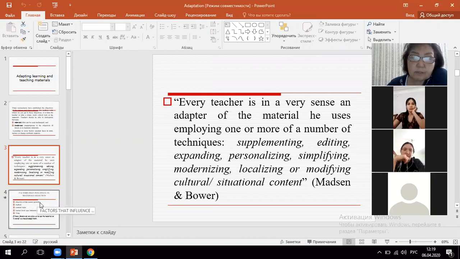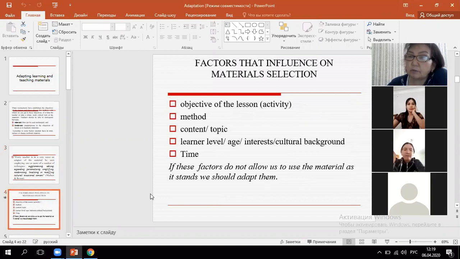So which factors usually influence material selection? It is, first of all, the objective of the lesson, or the objective of the activity we are using during the lesson. Second, it is the method. Third, it is the content of the lesson, the topic of the lesson.